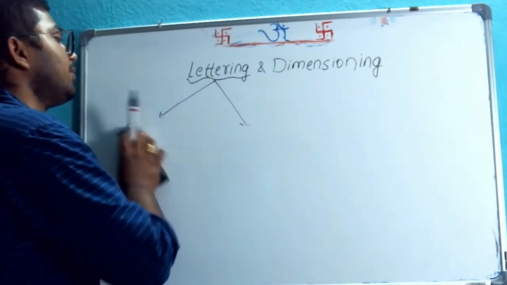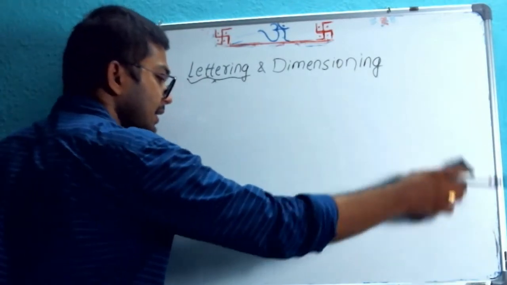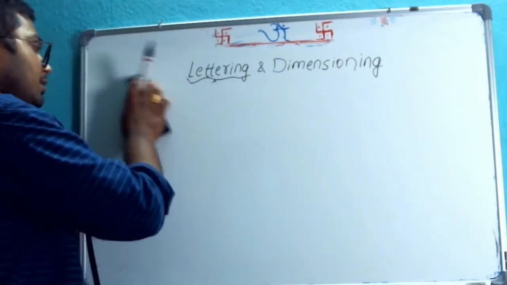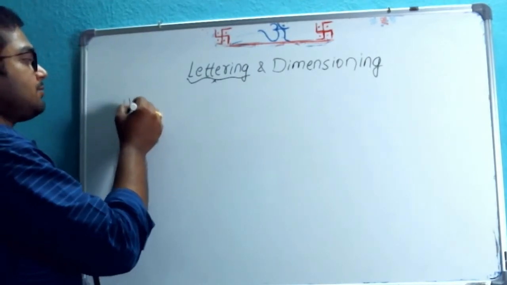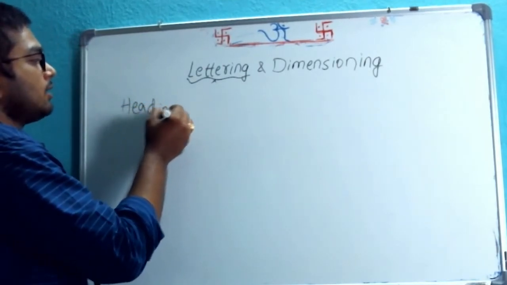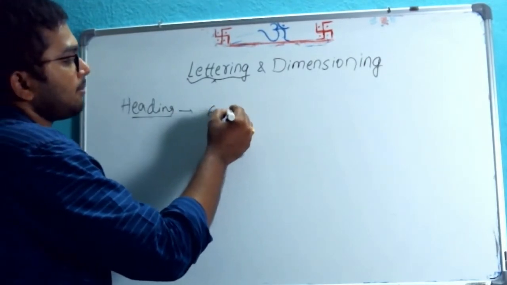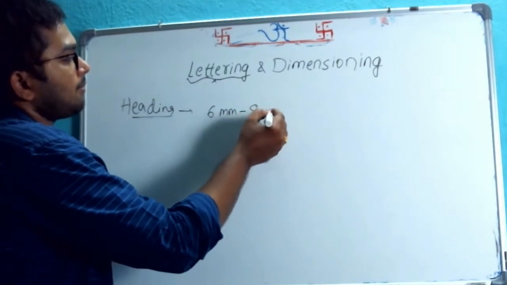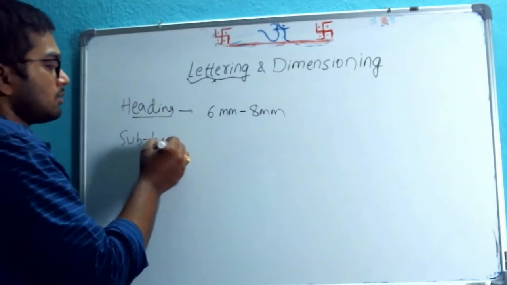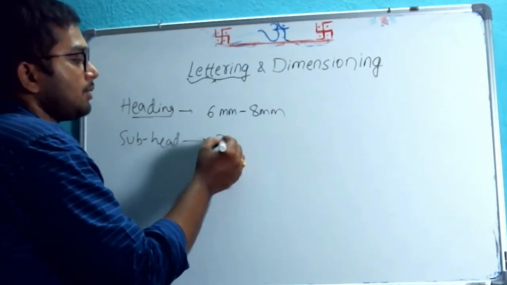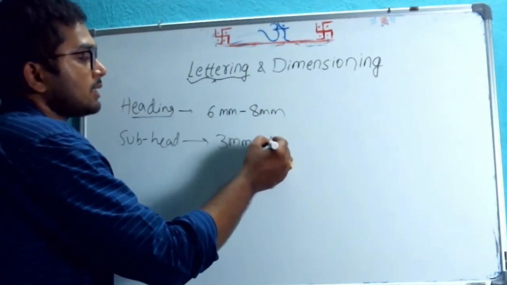Now, a few important points you need to remember, but you may not follow them very strictly at undergraduation level, but it is good if you remember them. For headings, the height of the lettering that needs to be used is 6 mm to 8 mm. For subheadings, it will be somewhere between 3 mm to 6 mm.